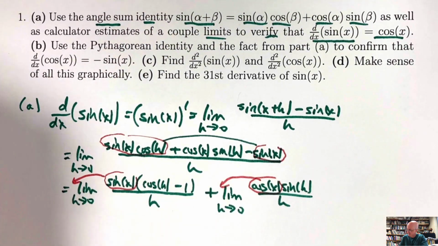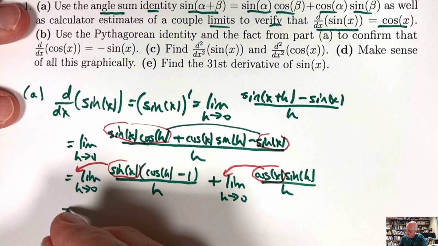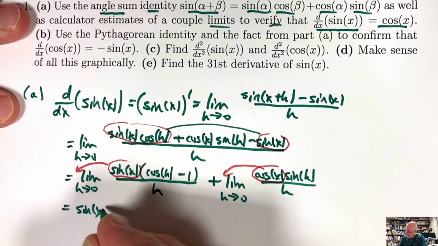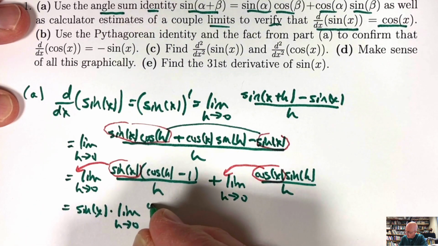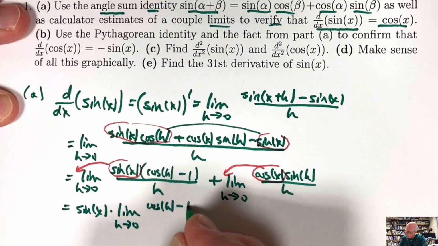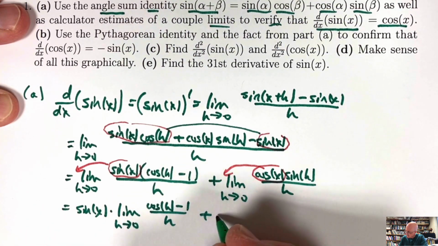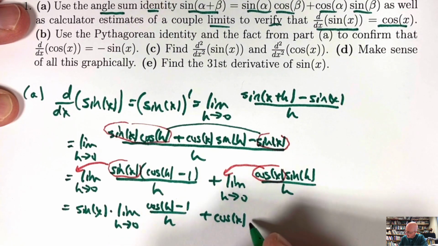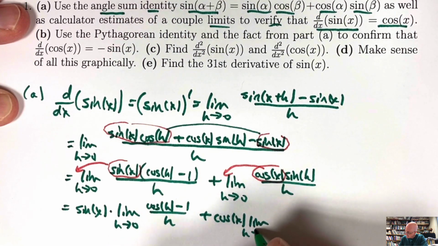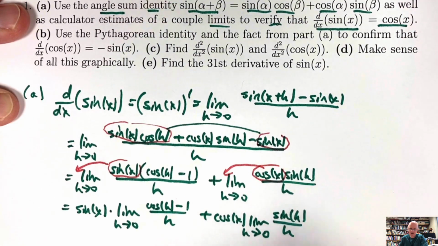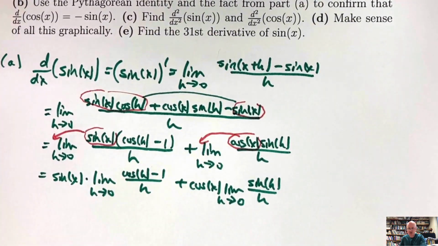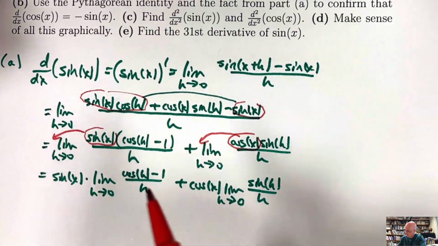So what we're left with is sine of x times the limit as h goes to 0 of cosine of h minus 1 over h plus cosine of x times the limit as h goes to 0 of sine of h over h.